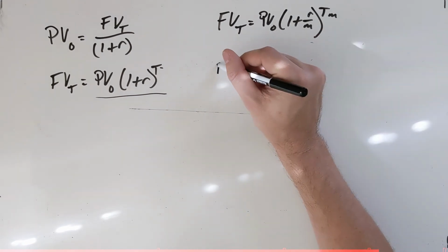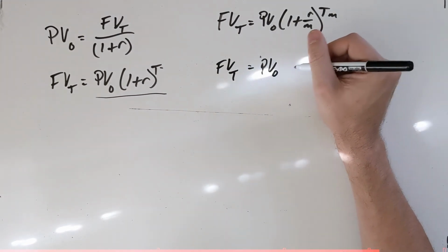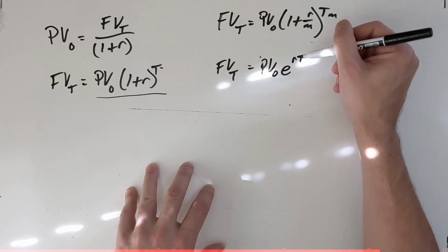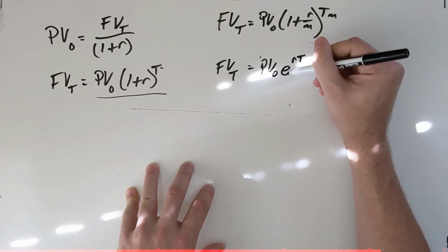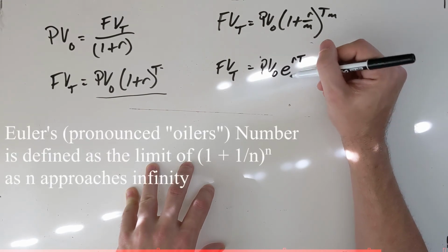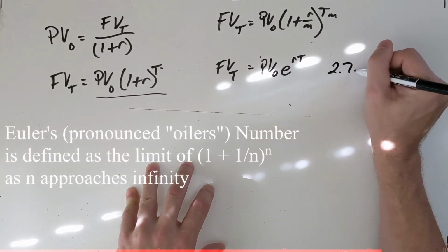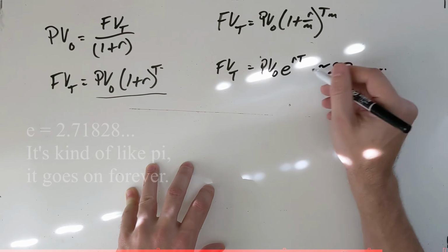The future value is going to be e raised to the rt power. And e is an actual number, it's like 2.7 and so on.